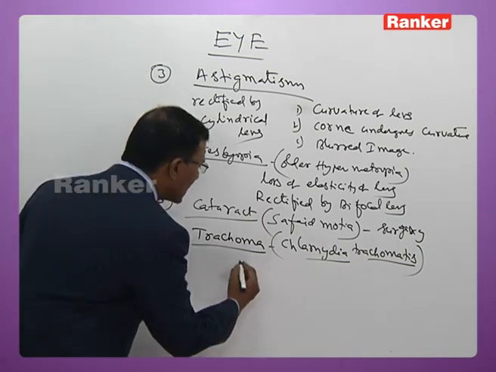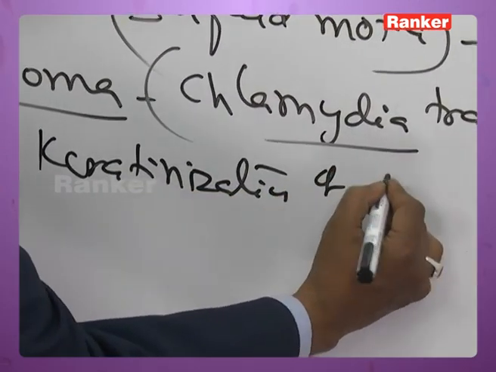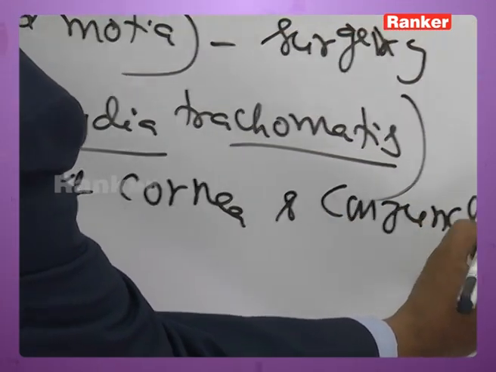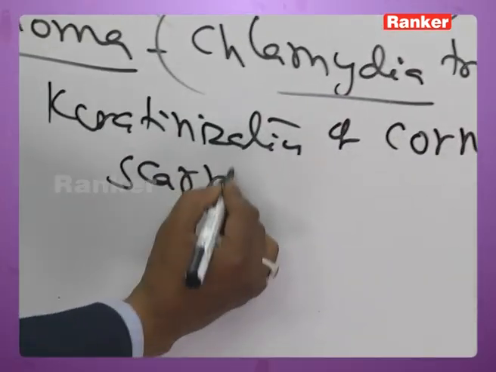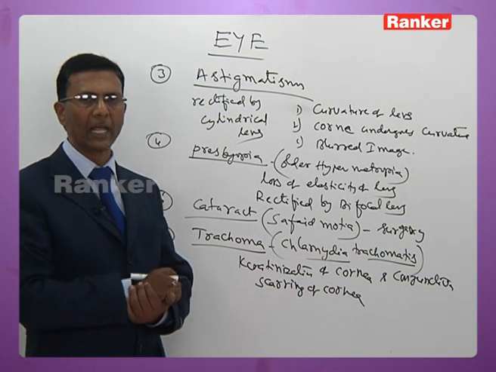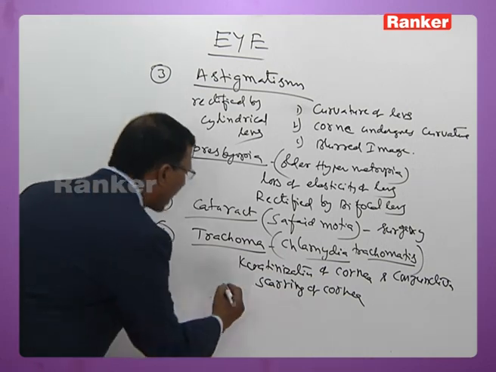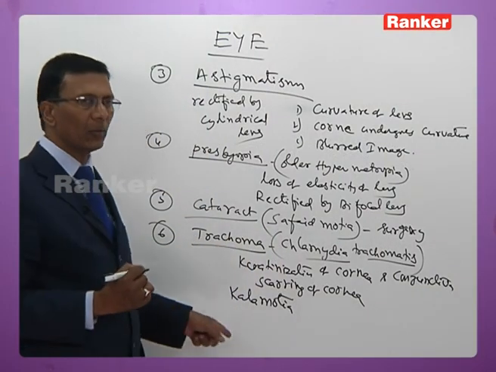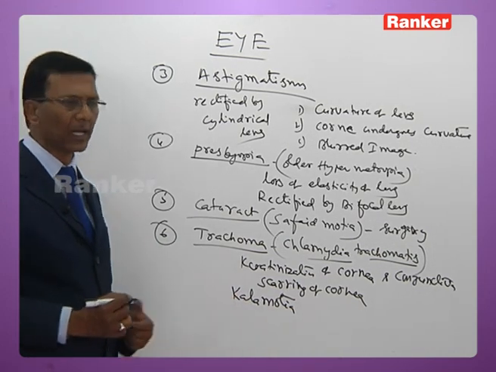This Chlamydia trachomatis causes keratinization of the cornea. As a result of keratinization and scarring of the cornea, sometimes it may lead to blindness. This trachoma is also called kala motia. Cataract is called Safed Motia, and trachoma is called kala motia. This can be rectified by medicines, drugs, antibiotics and so on.